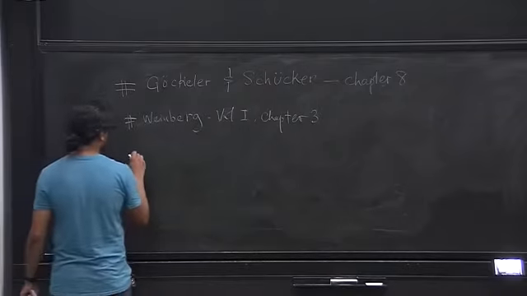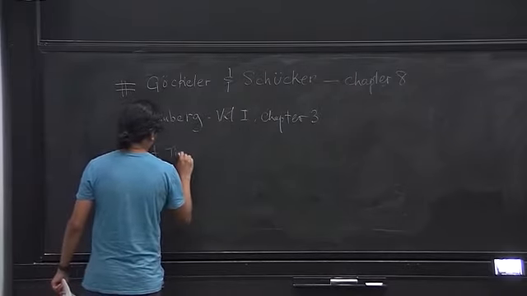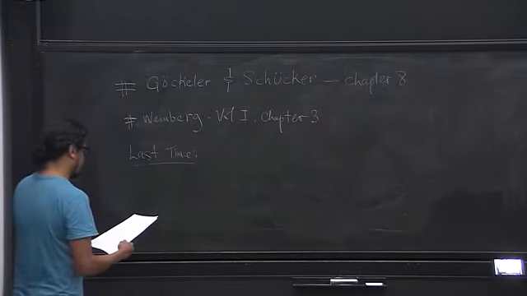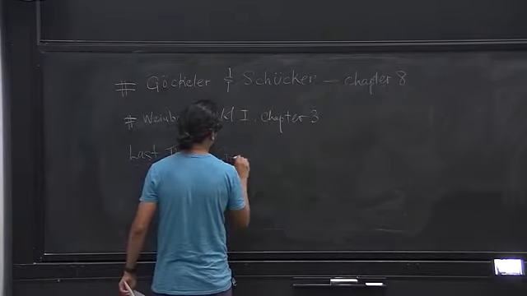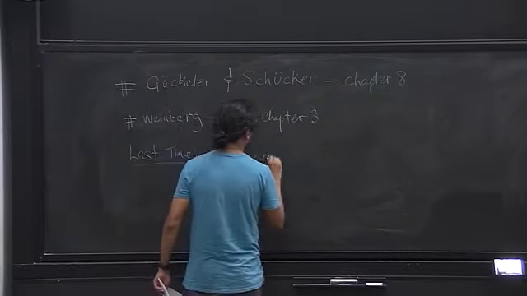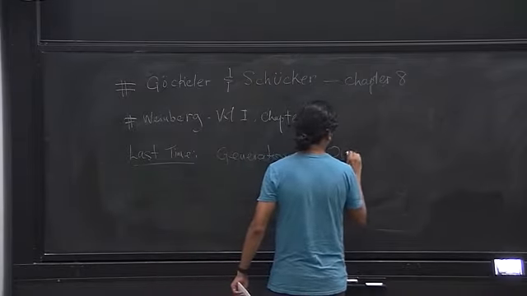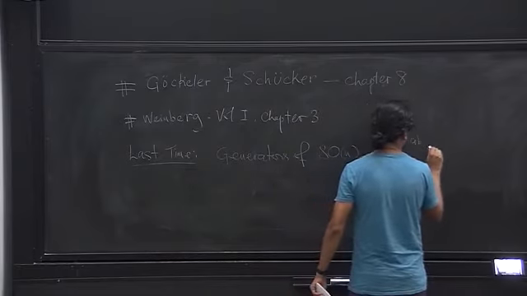So last time we finished with the statement that the generators of, say, SON were antisymmetric matrices.